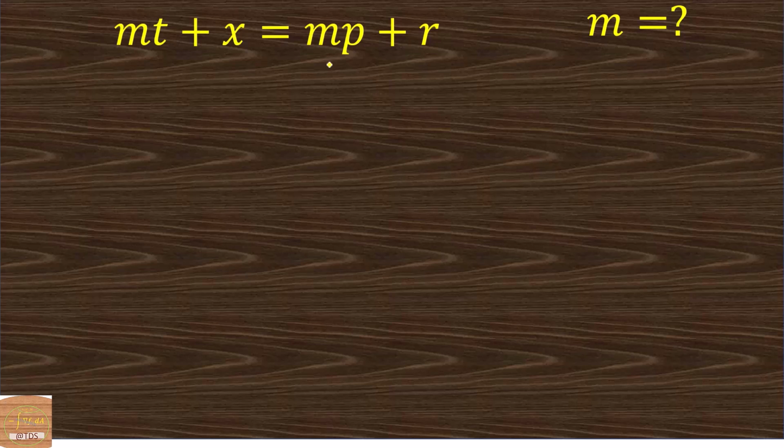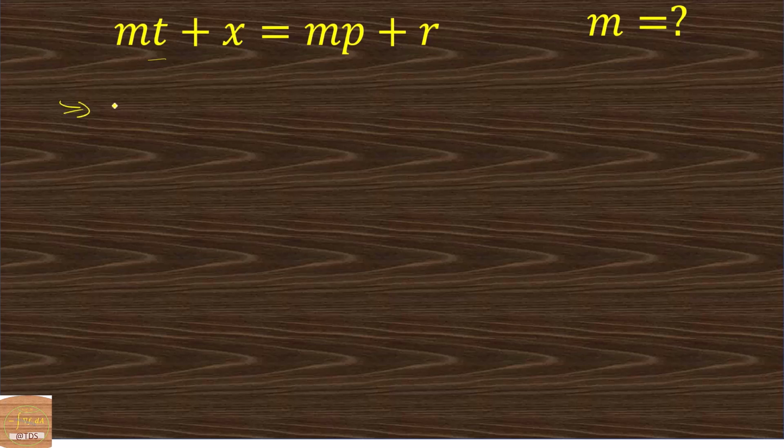So the first thing to do is to make sure the m terms go to one side. So we are to group m on one side. Whichever way you do it, you are right. You can choose to send this one to this side or bring the mp to the left. I just want to group my m on my left.